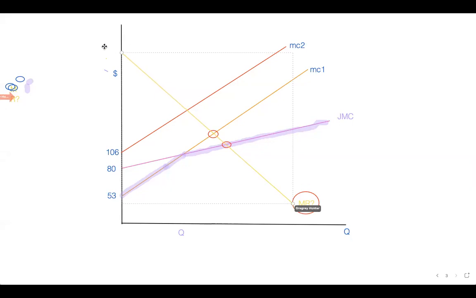Let's assume this is our demand curve. It wouldn't look exactly like this, but I'm going to do the best that I can.